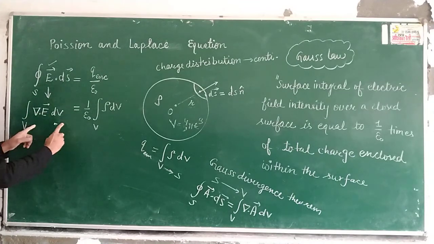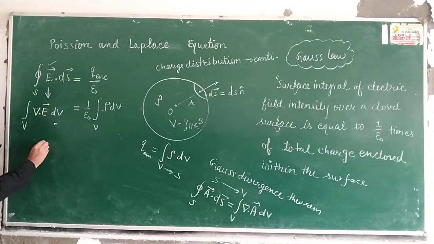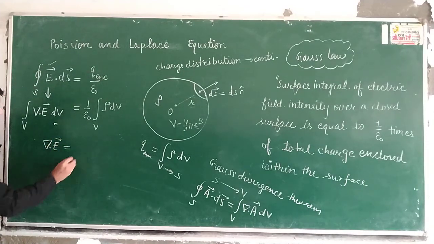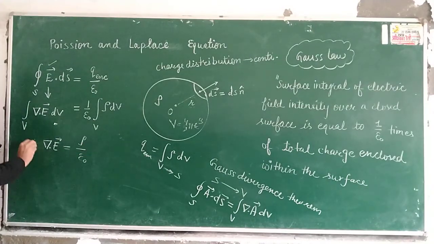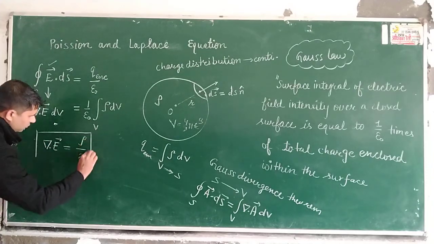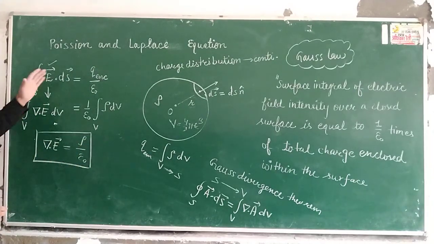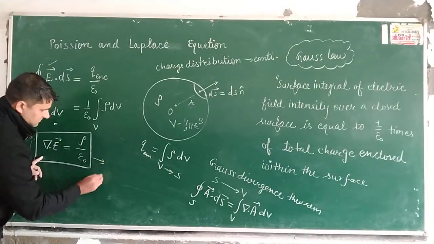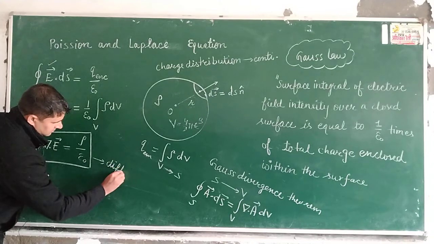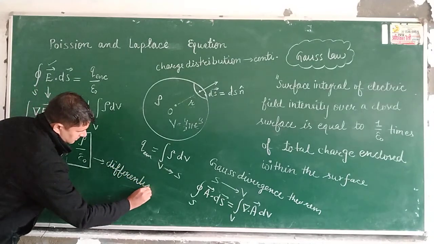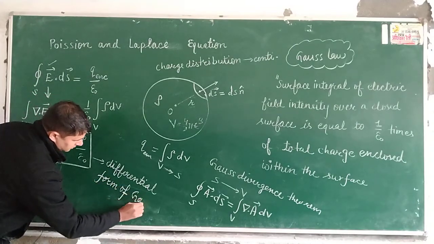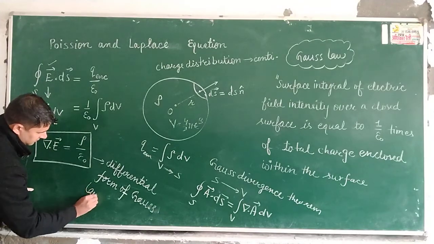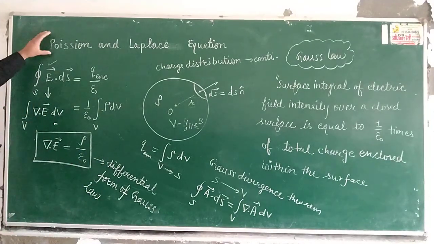So if we compare the left hand side and right hand side, then we can write that divergence of the electric field vector is equal to charge density by epsilon naught. This is how we find another form of Gauss law, and this is the differential form of Gauss law.